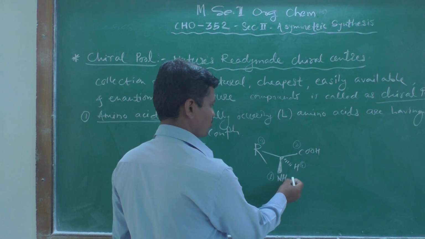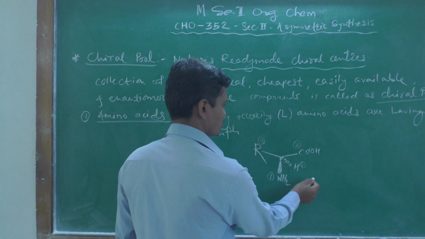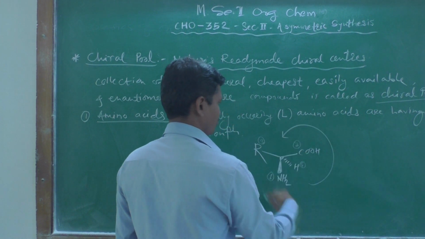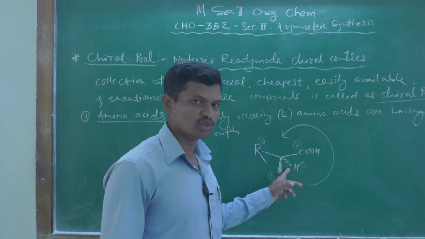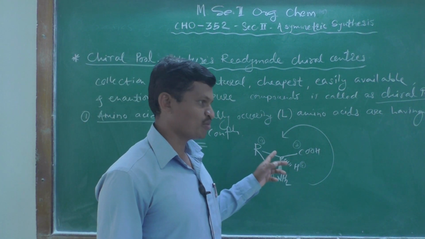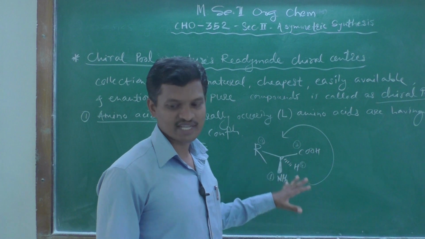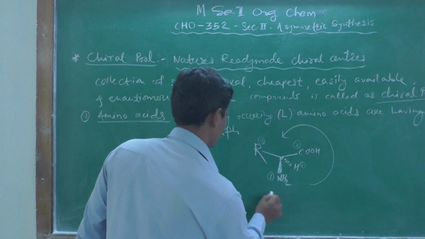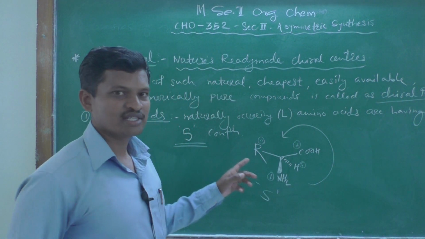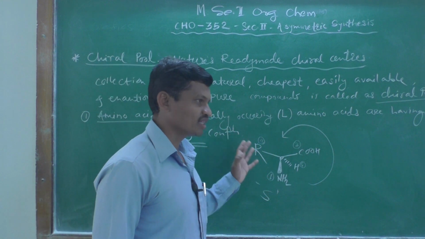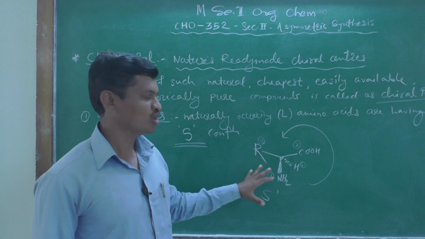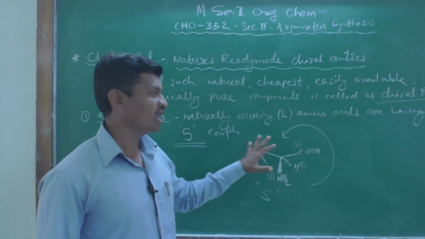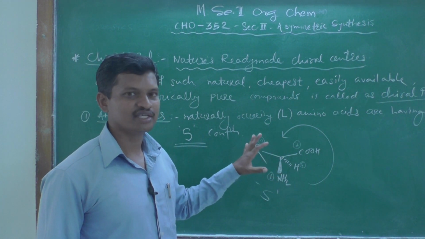The priority is moving from 1, 2, 3 anti-clockwise, and the fourth priority group is below the plane, away from the observer. So this priority is retained as it is, so it is S configuration. This is only a general example of amino acids. So all L amino acids have S configuration.